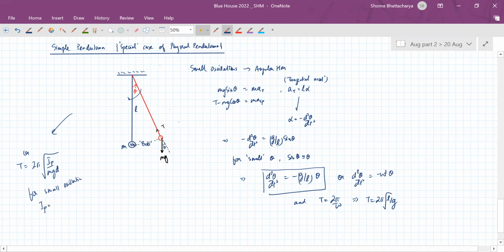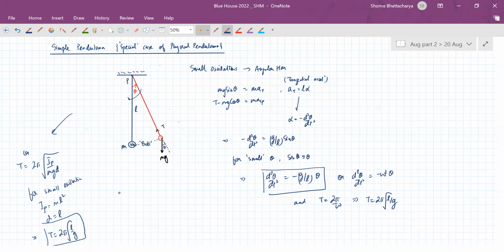Here IP, the moment of inertia of this system about the point P, is ml square, and D is equal to L. That's why I'm saying that you can just treat it like a special case of a physical pendulum where the rigid body just actually is a single particle attached to a thread.